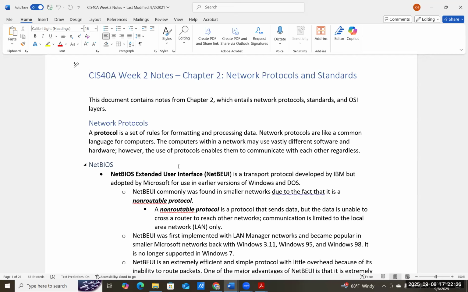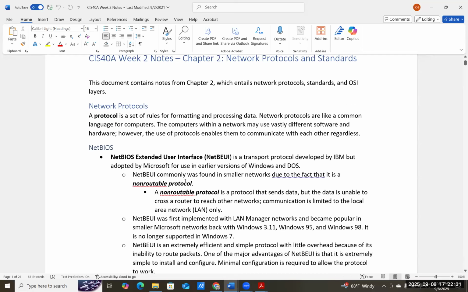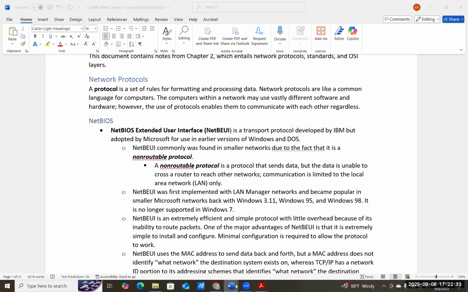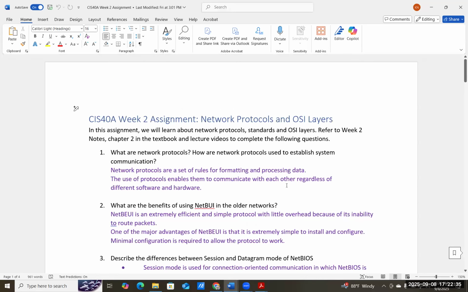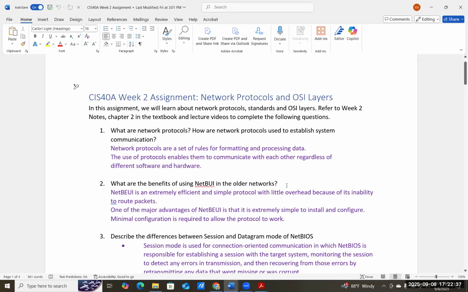So the first question asks, what is a protocol? You can refer to page 1. Let's go through and answer those. Question 1: what are network protocols and how are network protocols used to establish system communication? We see that in the notes. It is a set of rules that was standardized for your system so that it can format and process data.